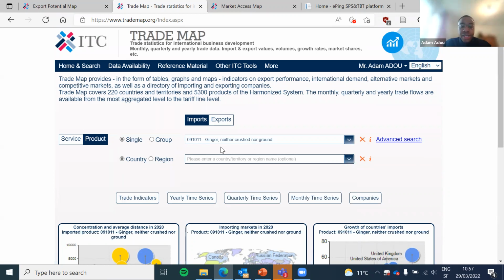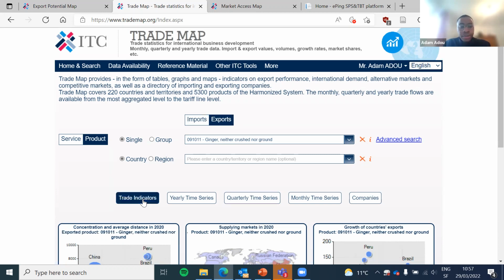So in here, I'm interested in ginger from Thailand. Let's see, before going to Thailand, who are the exporters of ginger in the world? What are the competitors of Thailand? Then you have the choice between looking at trade indicators. So here you will be able to compute your market analysis.